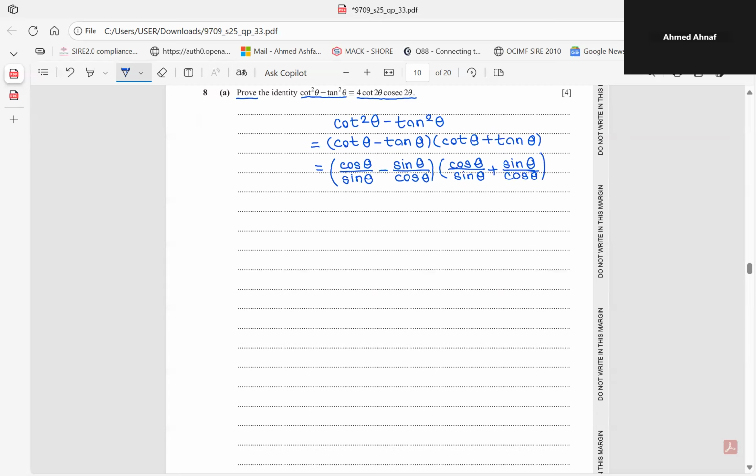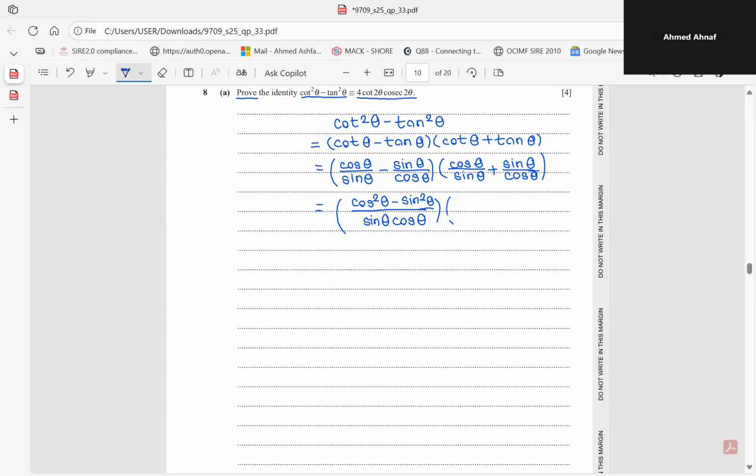So we can make the denominator the same. So for this one, we just multiply by cosine theta. So you get sine theta cosine theta. So cosine theta times cosine theta, you get cosine squared theta minus sine theta sine theta. So minus sine squared theta.